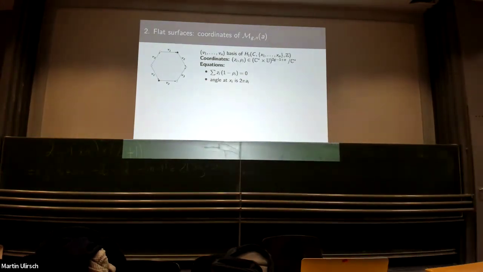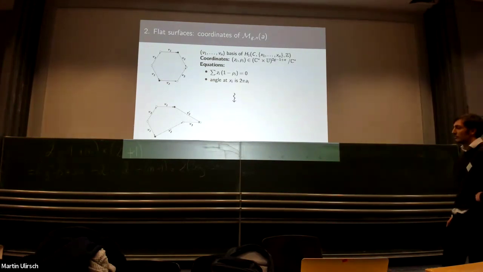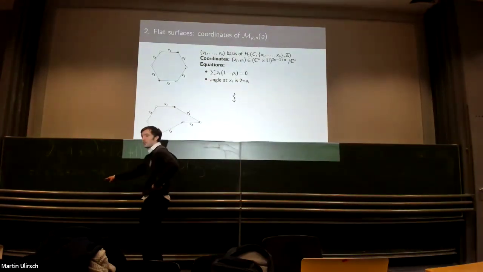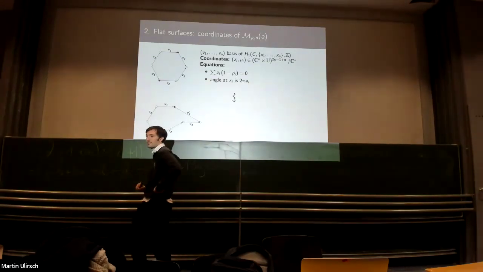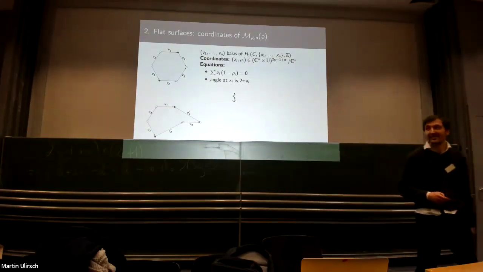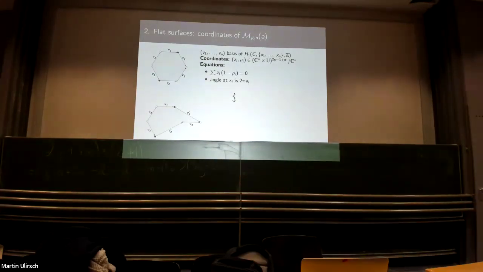So at least you have the right dimension. We have minus 3, minus 2, plus 1, minus 6, minus 3, minus 4, minus 7. Oh, that's plus 1. You can check it out.